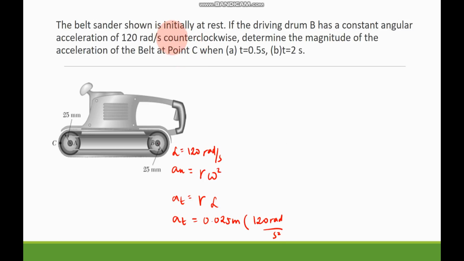Therefore, it is equal to 3 meter per second squared.